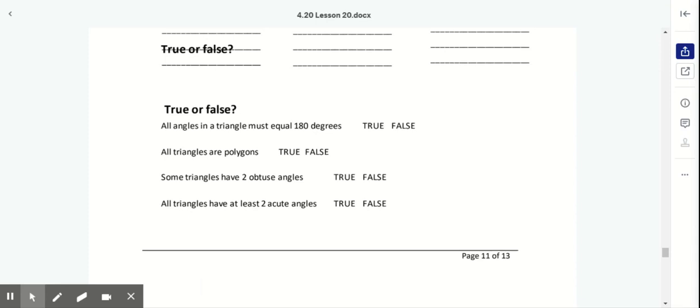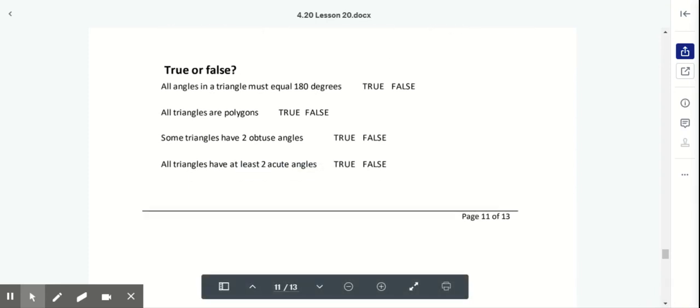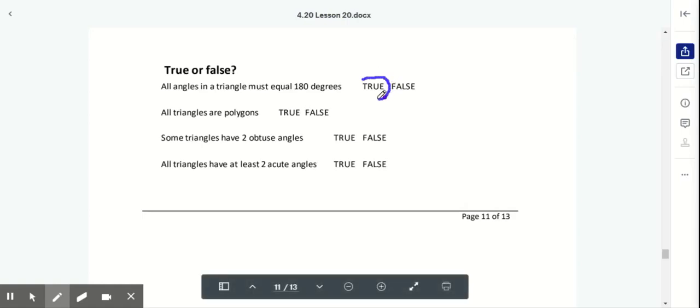Now we're going to move into the end of our practice problems. True or false? All angles in a triangle must equal 180 degrees. Now thinking about what we learned earlier, the angles would add up to 180 degrees.